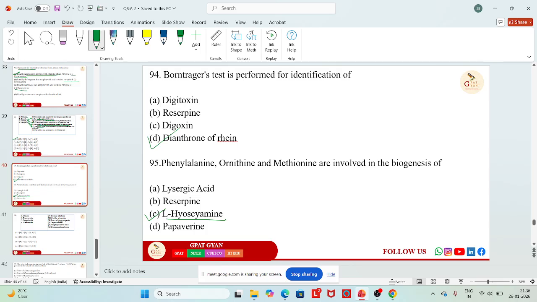Another branch from the pentose phosphate pathway goes to erythrose 4-phosphate. When phosphoenol pyruvate is added to it, we get 3 aromatic amino acids among the 20: phenylalanine, tyrosine and tryptophan. The whole pathway of erythrose 4-phosphate plus phosphoenol pyruvate is our shikimic acid pathway. Understood? Yes, ma'am.